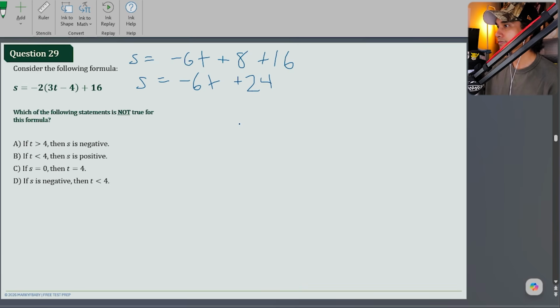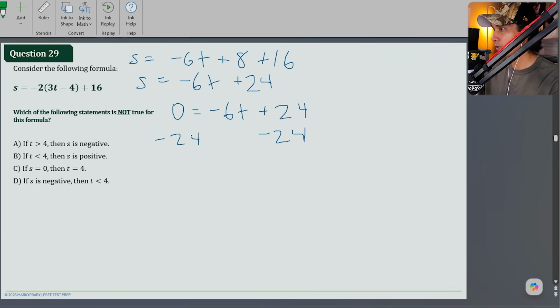S is equal to -6t plus 24. Okay? So again, we're going to find the cutoff. In this case, S is equal to 0. So we're going to set S to 0. 0 equals -6t plus 24. Minus 24, minus 24. Then we have -24 equals -6t.